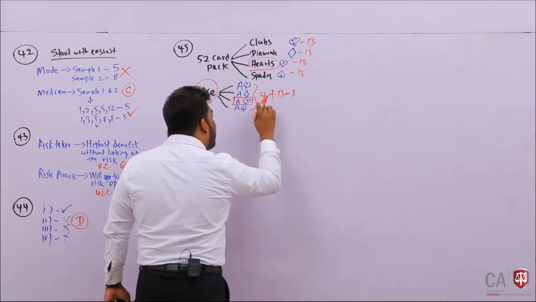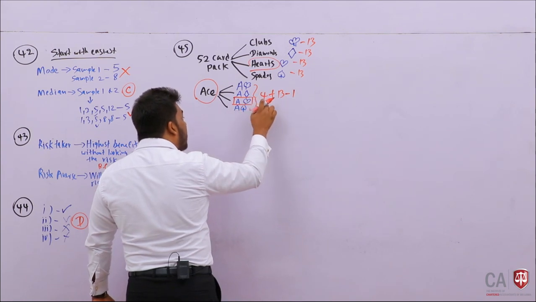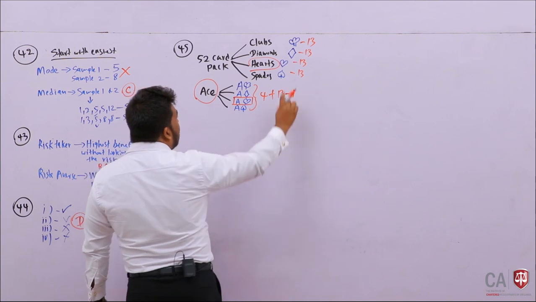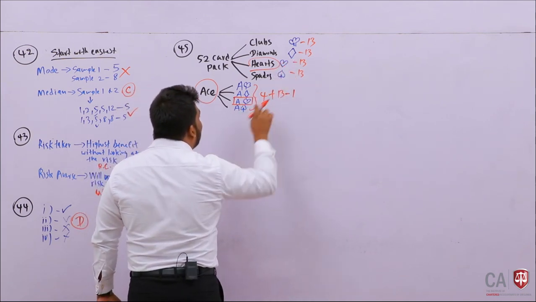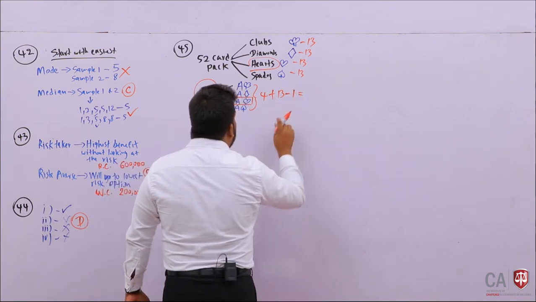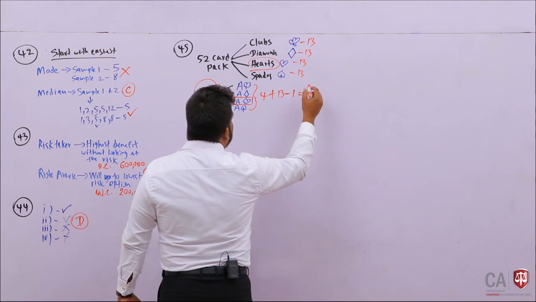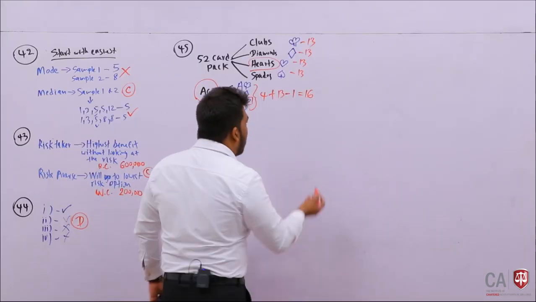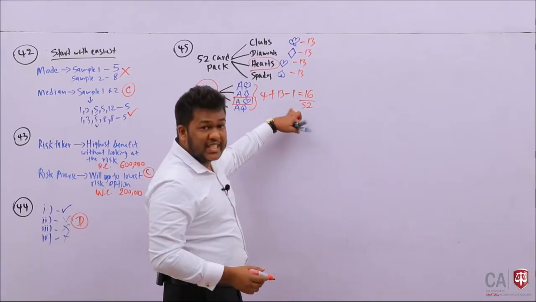This is already included in this 4. 1 Ace is there with the heart. So hearts 13, but here we have calculated already. Which means heart or ace will be there in 16 cards. So the total population is 52. This is the answer.